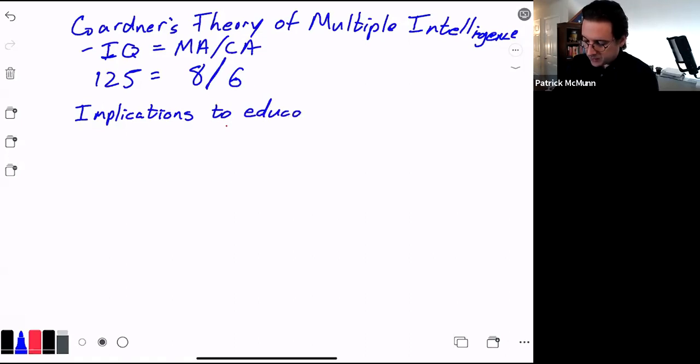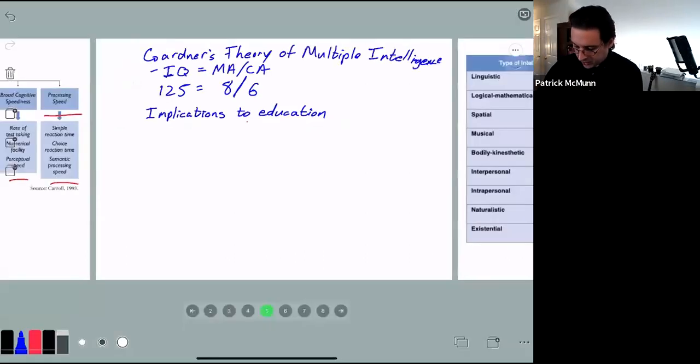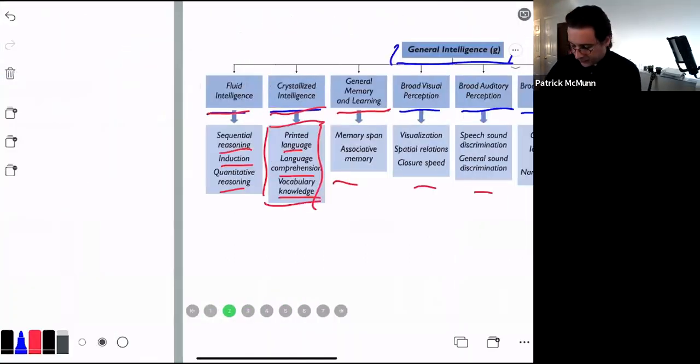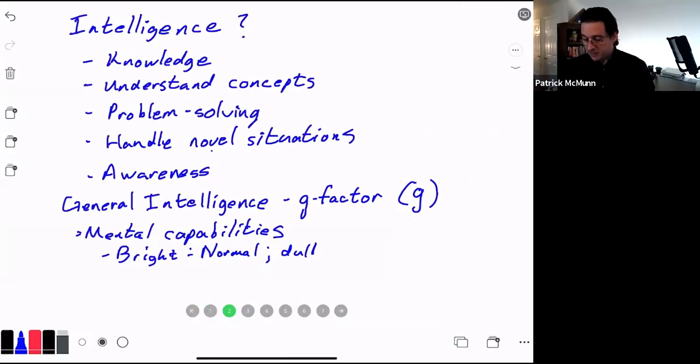So in other words, if we took somebody from the Middle East and we gave them an intelligence test, one of our standardized intelligence tests like the WISC or the Stanford-Binet, they may not do as well on that test. Now, if you go back to our original definition of intelligence, knowledge, right? If our knowledge is based on Western society and we have somebody of Middle Eastern descent raised in that culture, they may show less capabilities and knowledge.